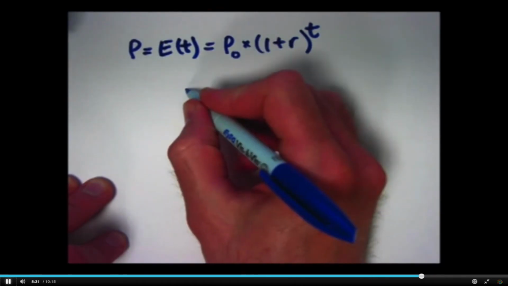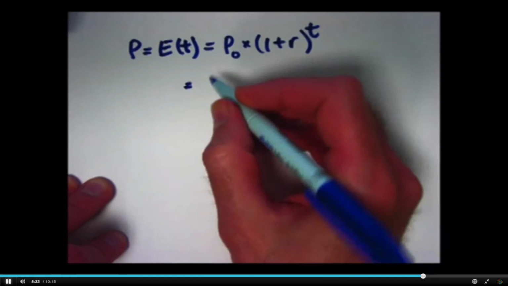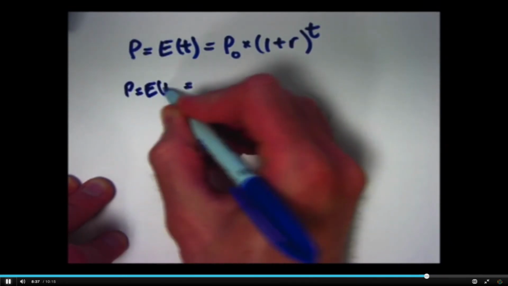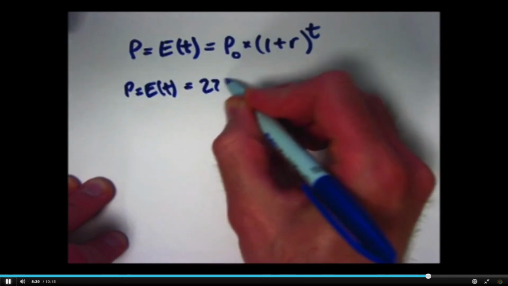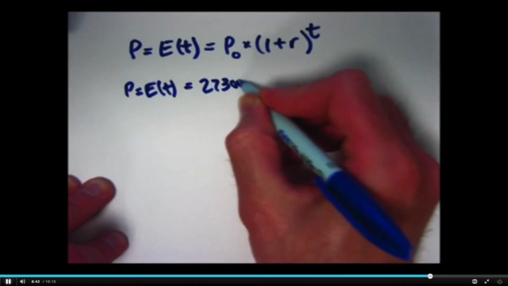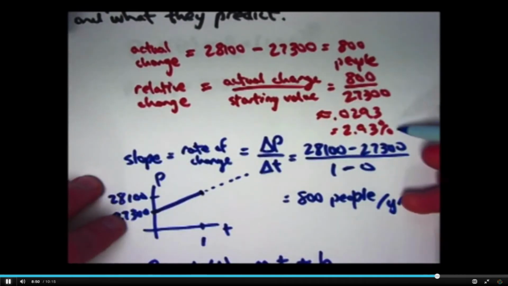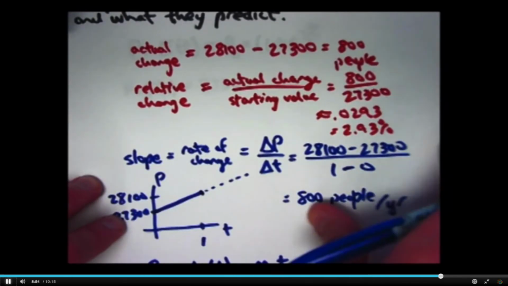In other words, based on what we did with our previous calculations, the p0 is the starting value, that's 27,300, and the r, if you recall, is 2.93%. I'll go ahead and show that to you again. 2.93%, but you want to write it in there as 0.0293 without the percent sign.